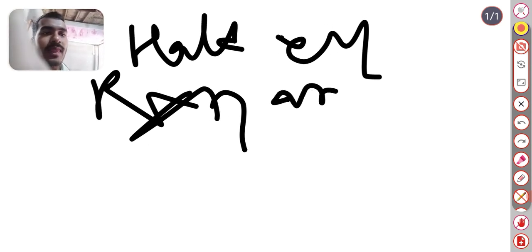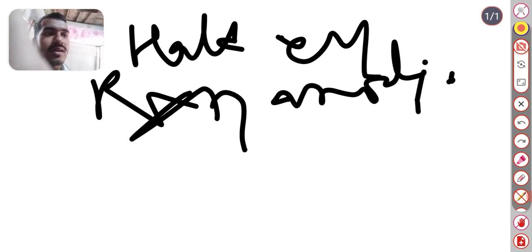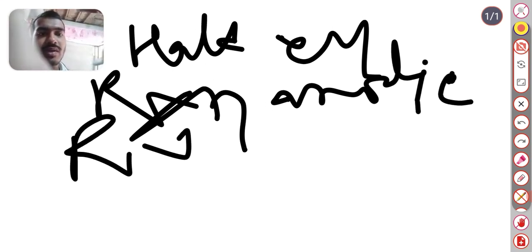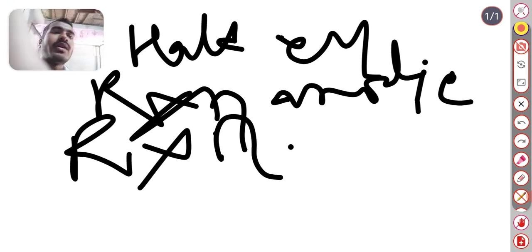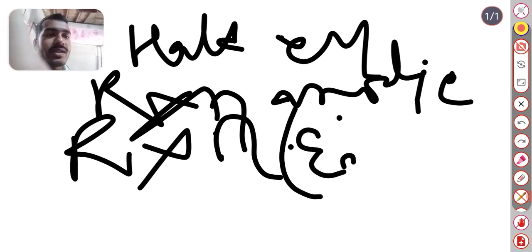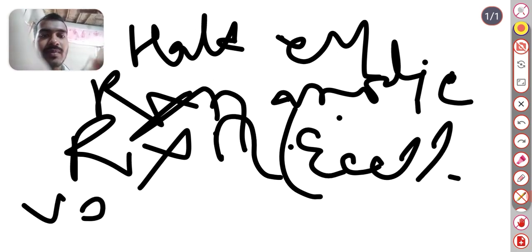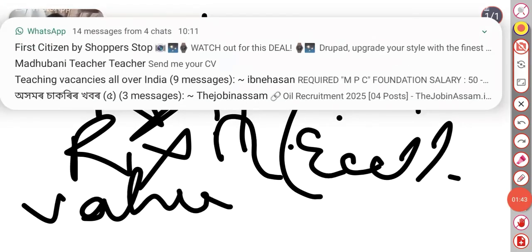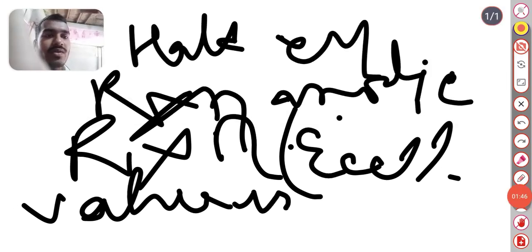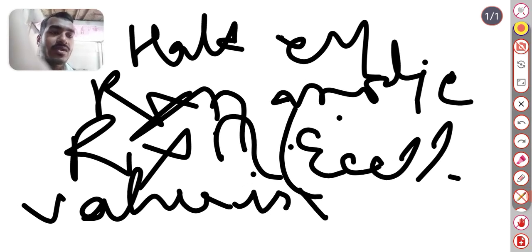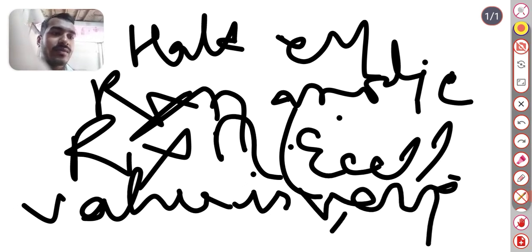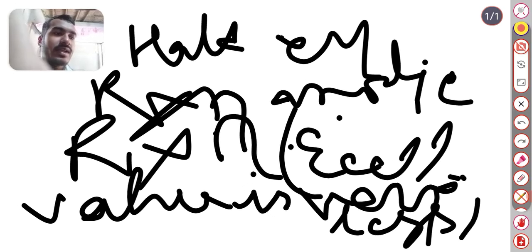And the E naught cell value for it is very less. Okay, E naught cell value is very less for the half cell reaction.